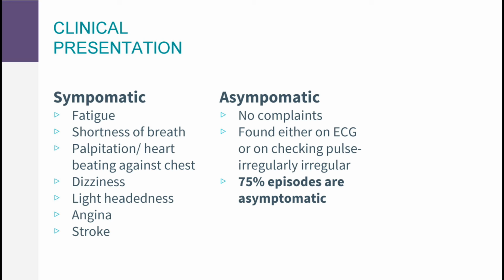AF also provides a fertile ground for thrombus formation in atria, consequent to the blood stasis, causing thromboembolic complications such as stroke. These above presentations could range from mild to severe ones, or could be either transient or persistent in nature. However, it is the asymptomatic patient that we are likely to receive in our WCs.